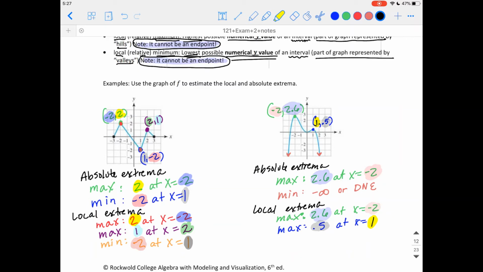Now my local min, I do have a local min, and my local min is this point right there. It's a valley. So my local min, let me put it here, is 0 at x equal to 0.